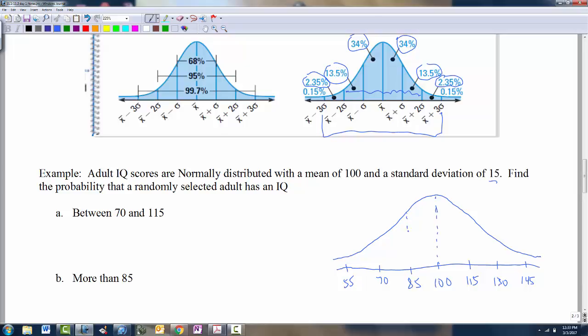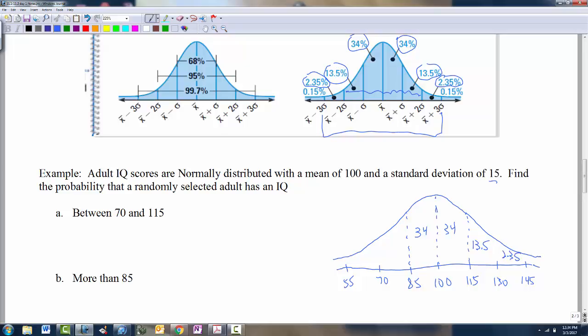All right, so what percent of the data falls from here to here? It's right up here, everybody. 34. I'm just going to put 34 there. Not 0.34. We know those are percents. If we have to use them, we'll change them to decimals. And what percent of the data falls here? 13.5. And what is percent of the data here? 2.35.